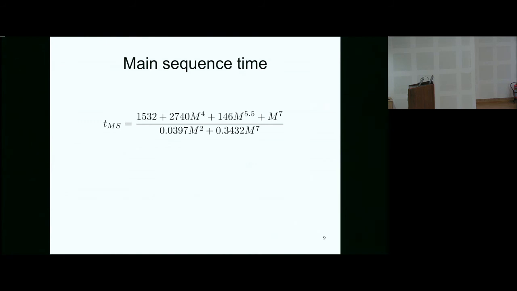So for the Sun, it's about 10 giga-years, maybe 8. Let's put 8 here to be more precise.